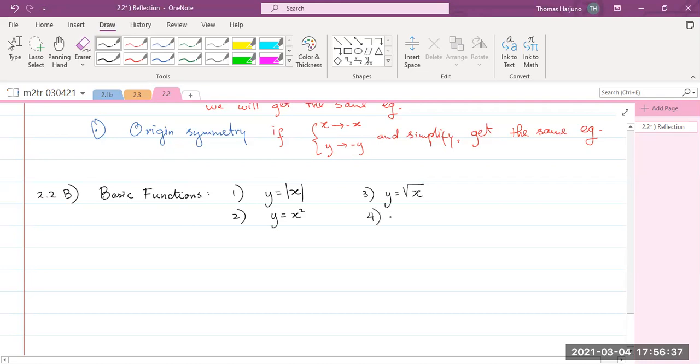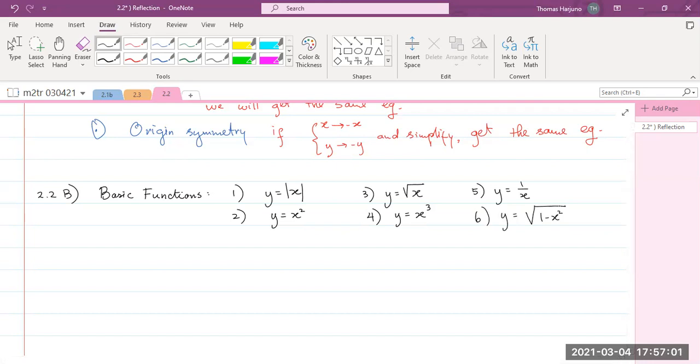The fourth, y equals x cubed. The fifth, y equals 1 over x. And the sixth, y equals square root of 1 minus x squared. These are 6 graphs that you need to memorize by heart.